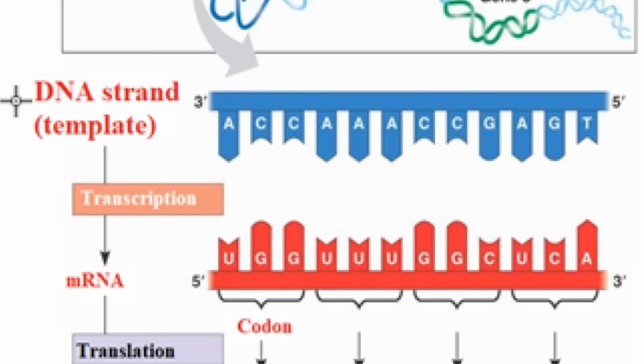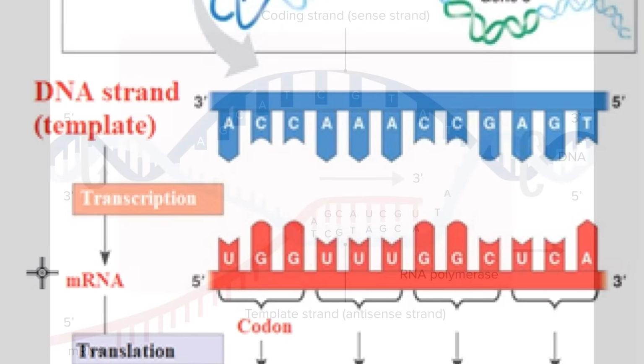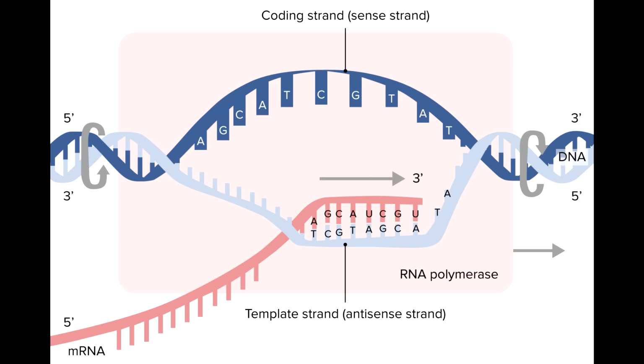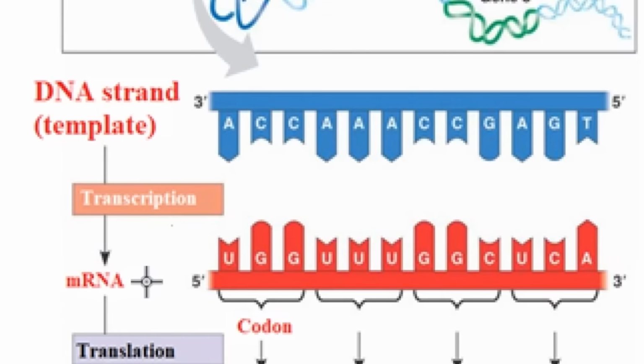The DNA strand is going to be used as a template to build an mRNA strand, and that's why it's called transcription. This messenger RNA is like a blueprint that will be used to build a protein. This is like the instructions to build a protein, or a sequence of amino acids, or a polypeptide.